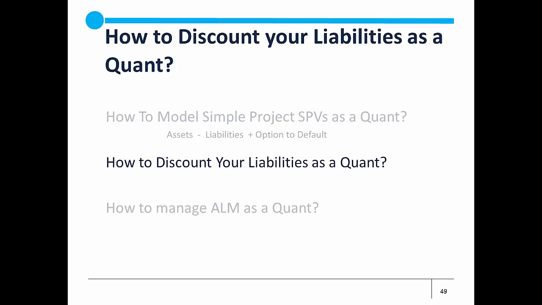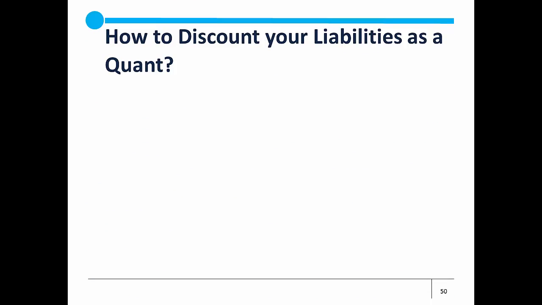Alright, so let's now move to our next part of this presentation. What, if anything, does this tell us about discounting liabilities in general? How should we discount our liabilities as quants? Well, we said for liability discounting we basically need to account for assets minus liabilities plus option to default.